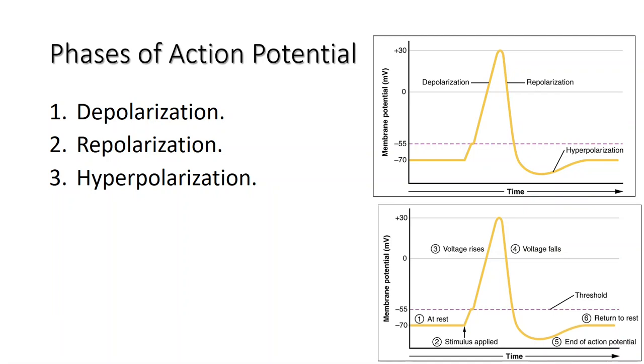During repolarization, the membrane voltage starts to return to a negative value. Repolarization continues past the resting membrane voltage, resulting in hyperpolarization. The membrane voltage returns to the resting value shortly after hyperpolarization.